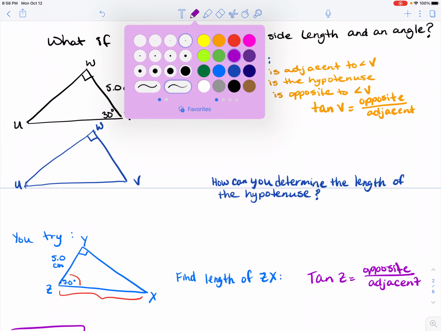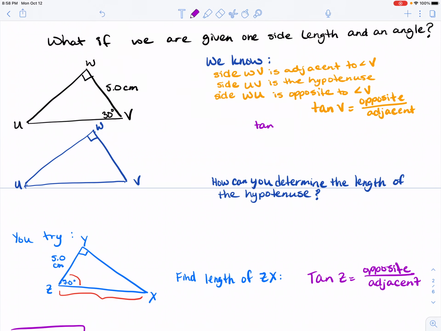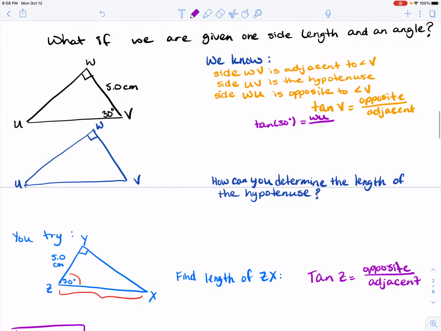So that means that tan of 30 degrees is equal to WU divided by WV. And we know that WV is 5. So that's WU over 5.